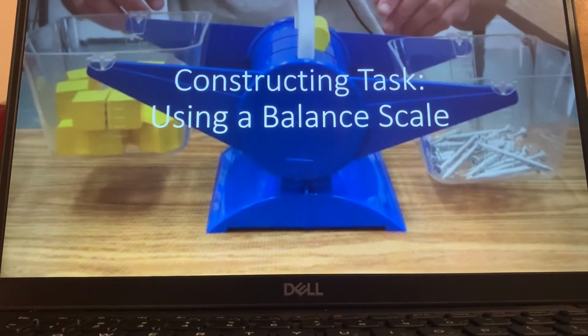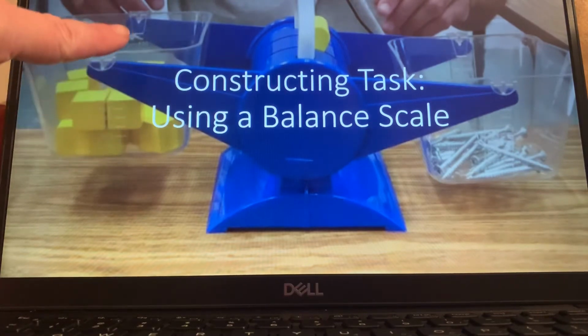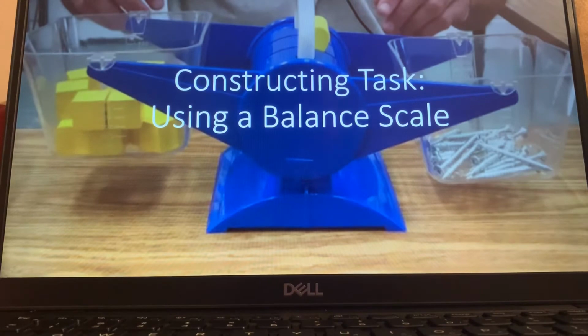But looking at the picture, we can see that the bucket that has the nails is lower. It is closer to the table. The bucket that has the foam cubes is higher off of the table. So whenever you see this, we know that the bucket that is lower has items that are heavier. So we're going to be looking at different examples of things that are heavier or lighter when you're comparing two objects.